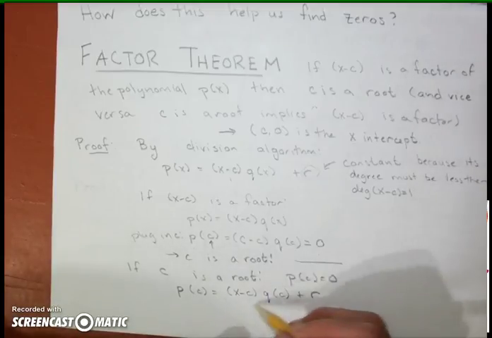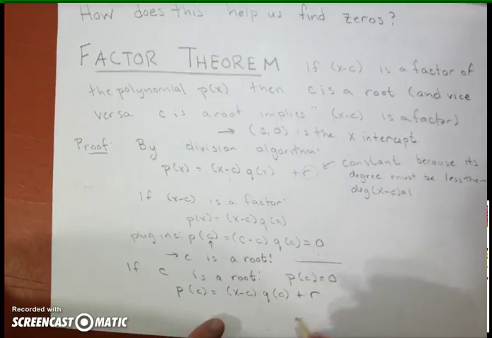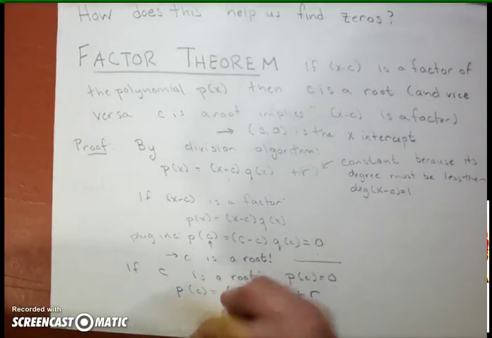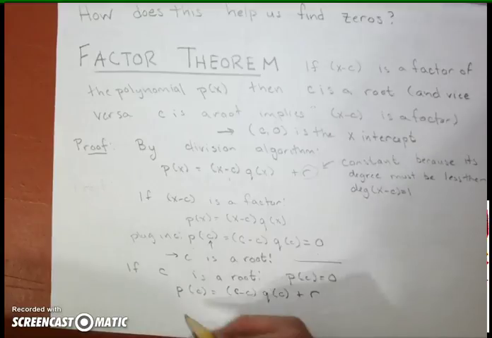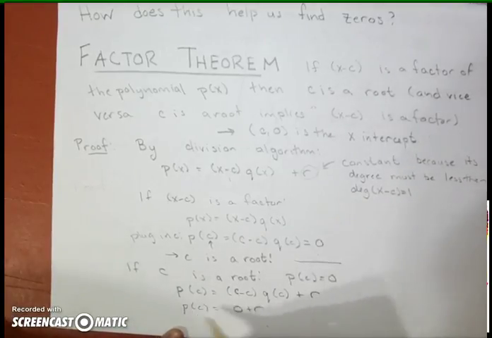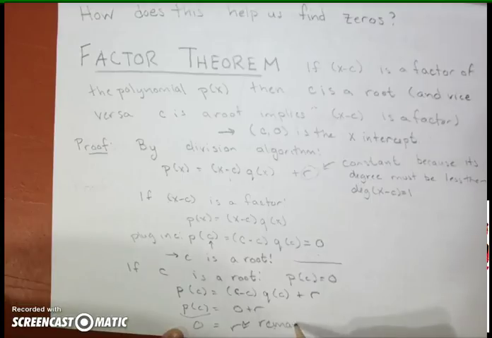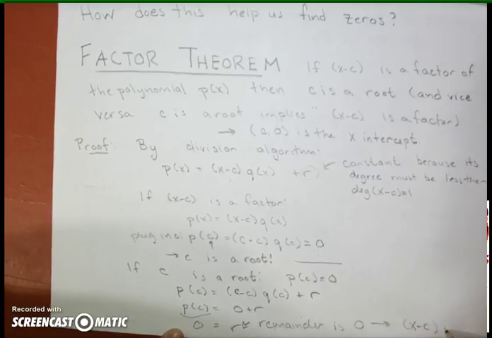In this case, we're not assuming x minus c is a factor. We're trying to show that it's a factor. And I plugged in c, so I don't have an x. I have c minus c. So this says p of c equals 0 plus r, but p of c is 0, so 0 equals r. 0 is the remainder, which is what we just showed, which means that x minus c is a factor. So that's the proof of the theorem.